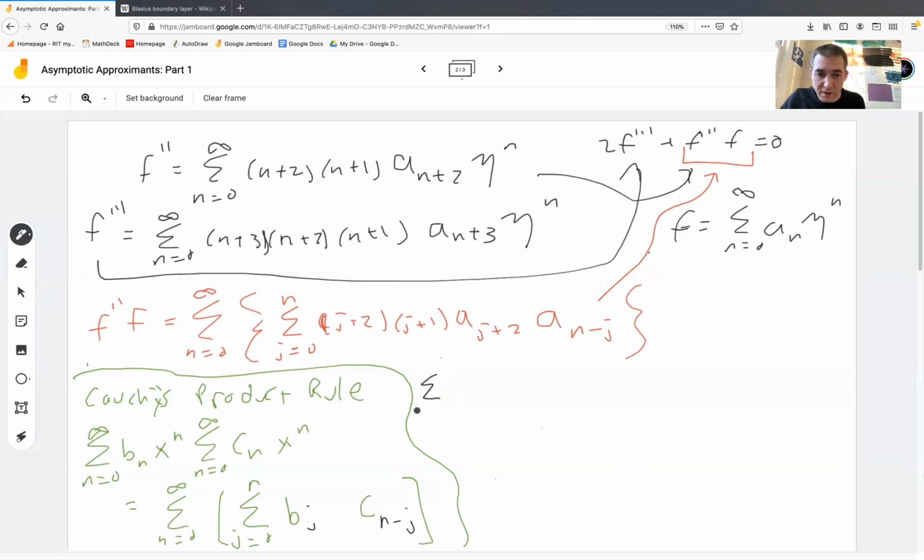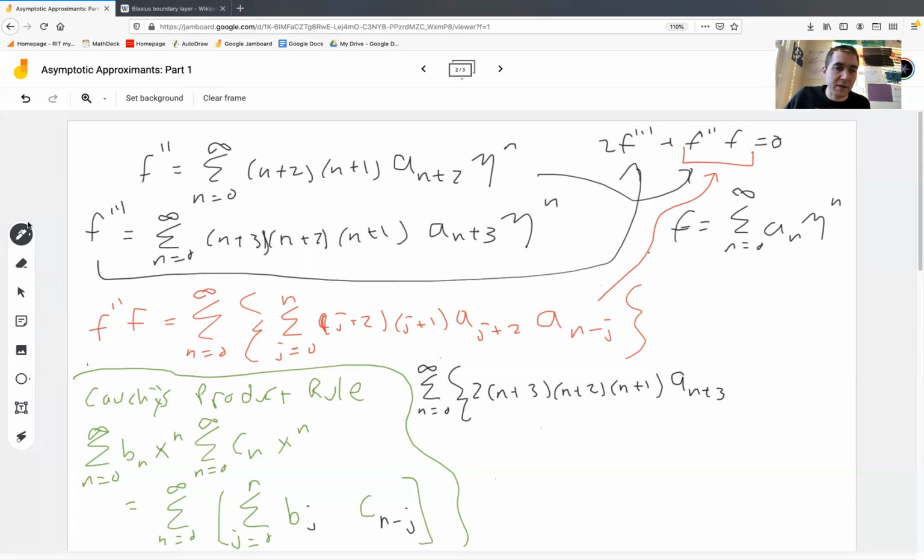So let me just put that out front of everything. 2 times the f triple prime stuff. So 2 times n plus 3 times n plus 2 times n plus 1, a sub n plus 3. And everything's going to have x to the n common to it. So we'll just wait and multiply that by that in the end.